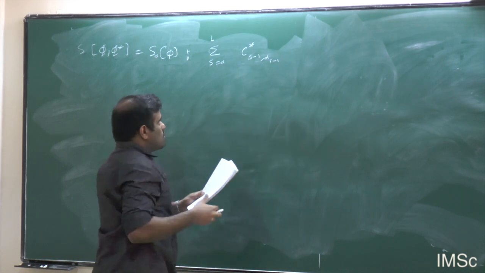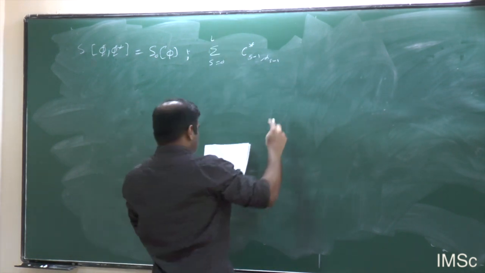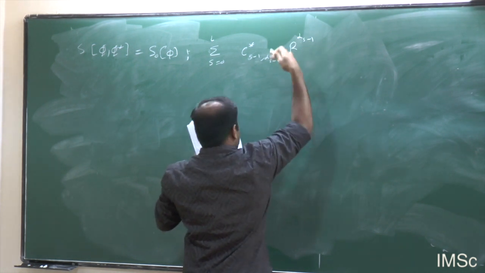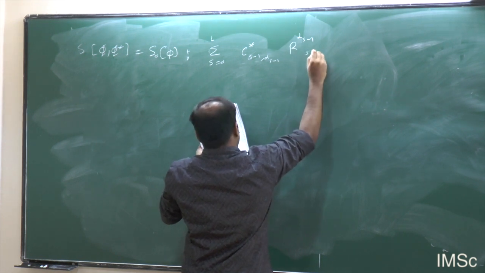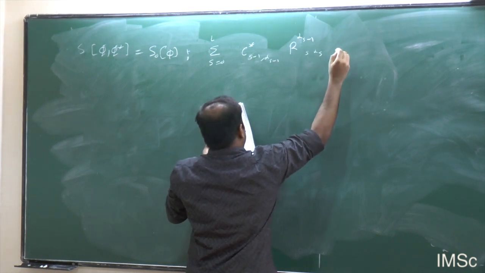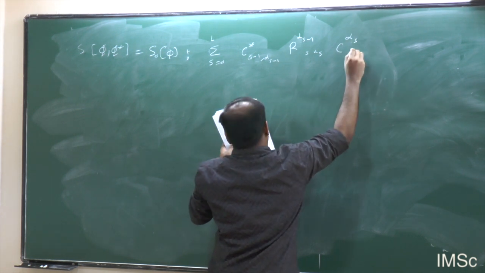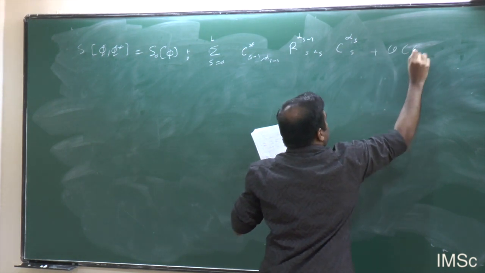This is the ghost field that you had, so this is the antifield for the ghost field. And then this is the L-stage gauge transformation generator. And you have the ghost field for the s stage, plus order of C star squared.